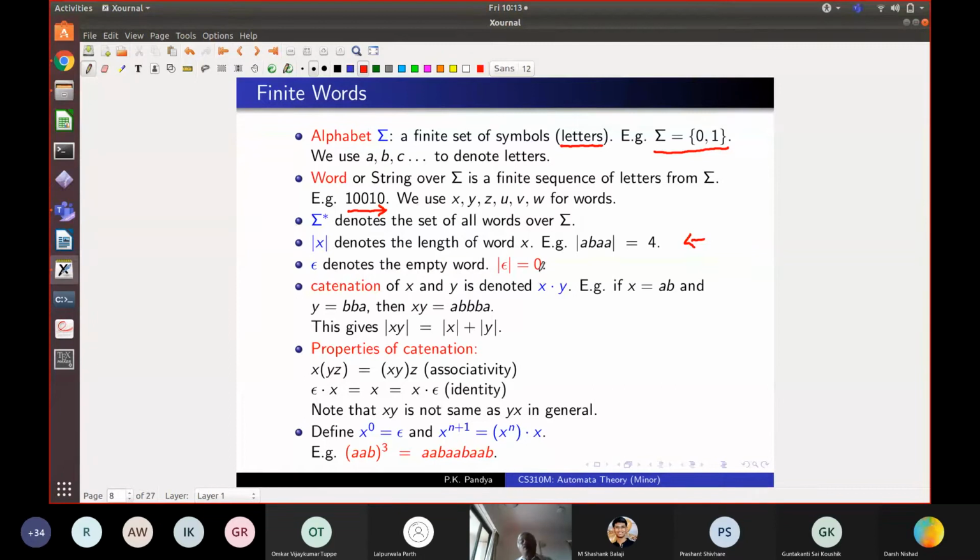Right? So far simple. Finally, we will come up with a very important operation. Given 2 words X and Y over the same alphabet sigma, we can construct a bigger word by joining y at the end of x. This is denoted as x catenated with y, and this catenation is denoted by putting this small dot between x and y. So x dot y denotes the catenation of x and y.